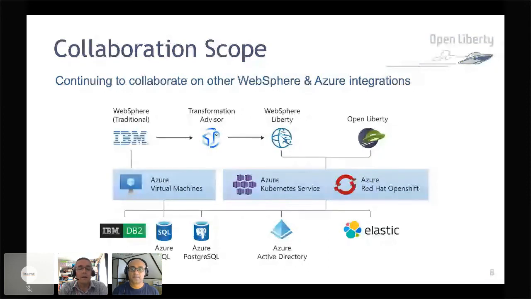And then, of course, once you're in the Azure cloud, you have access to the various other services. Reza demoed Postgres, you've got access to Azure Active Directory and so on. Also the ability to link out to on-premise for things like database. And if you're in Red Hat OpenShift, of course, you've got access to the various services that are available in the OpenShift environment as well. Anything you want to add, Reza?